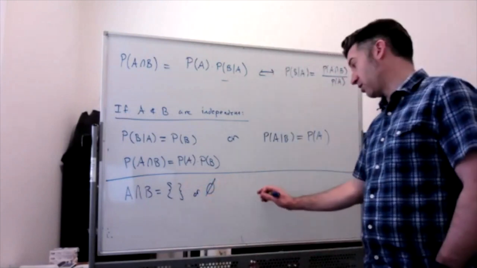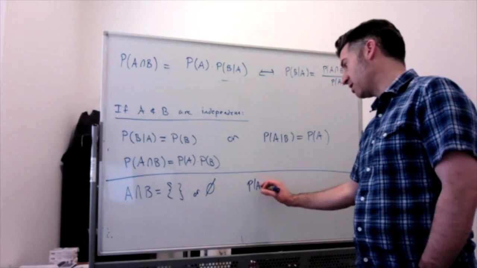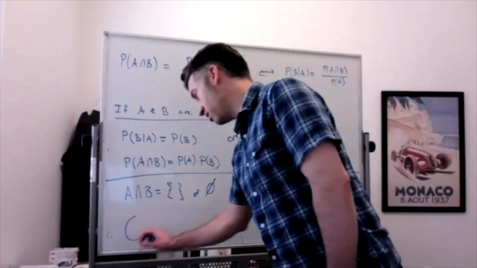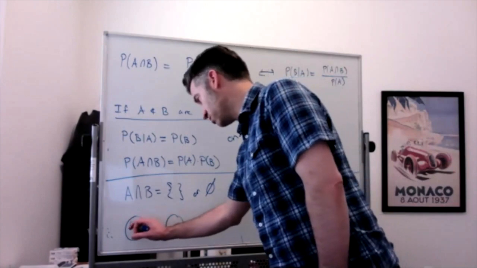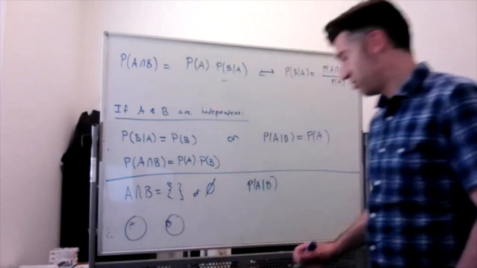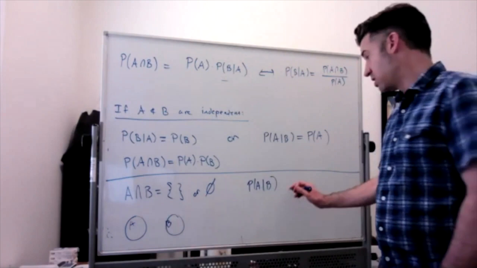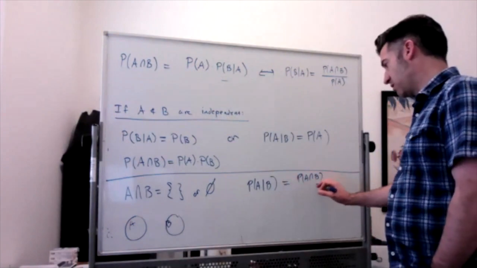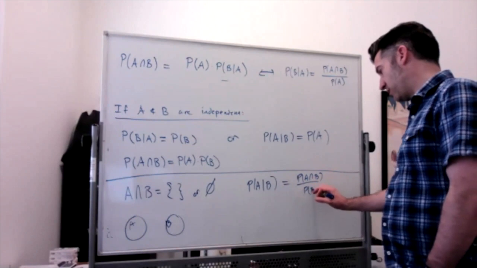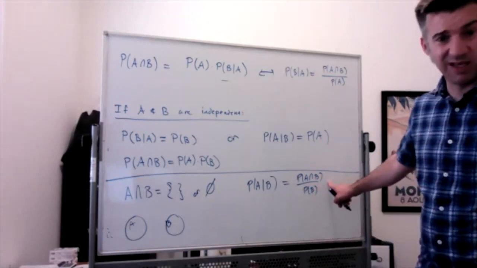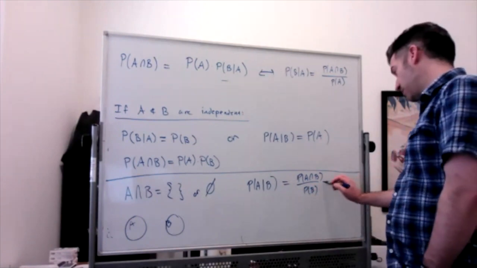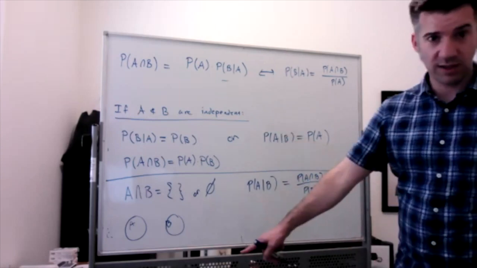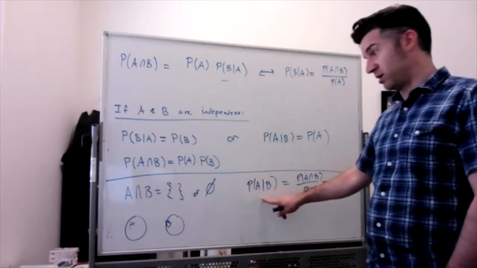So if I want to know the probability of A given B, well, if A and B have a zero intersection, the probability of A given B is going to be zero. You could also just say, well, it's the probability of A intersect B divided by the probability of B. But for A intersect B there isn't any probability that happens, so it's going to be zero. So if things are disjoint, the conditional probability is going to be zero.